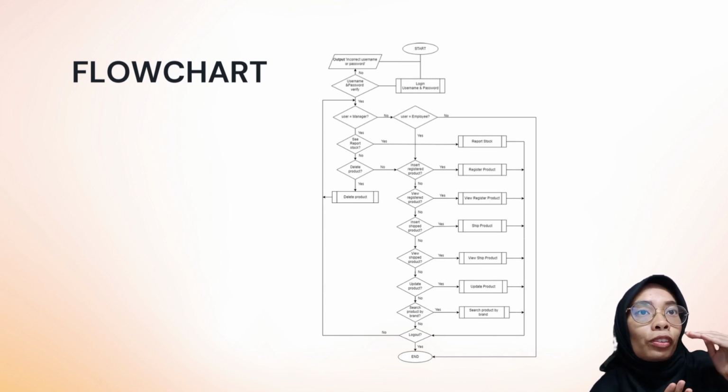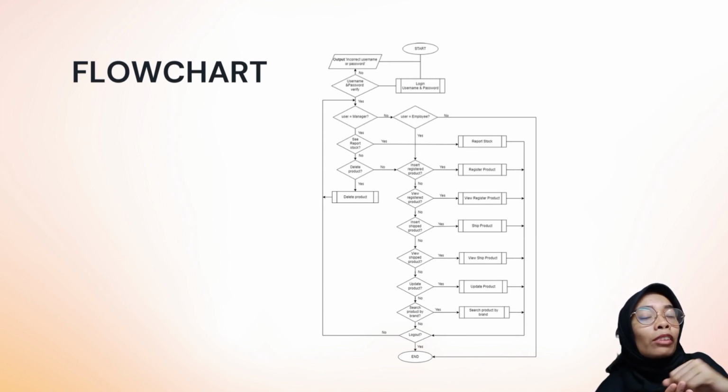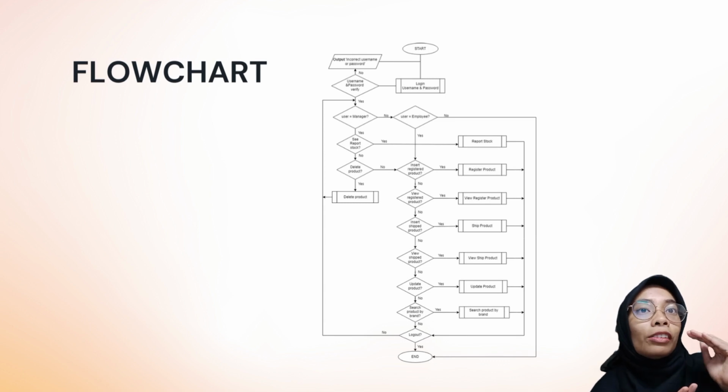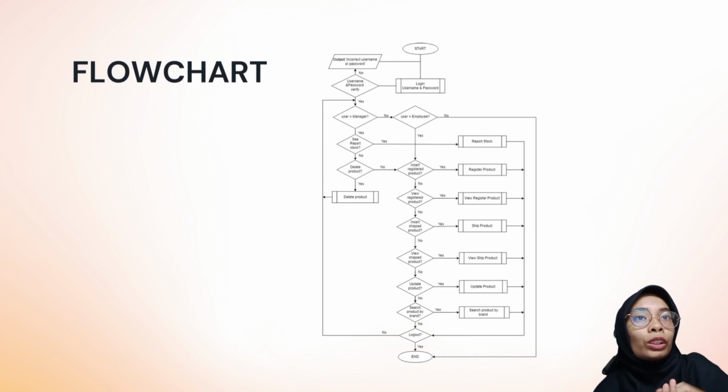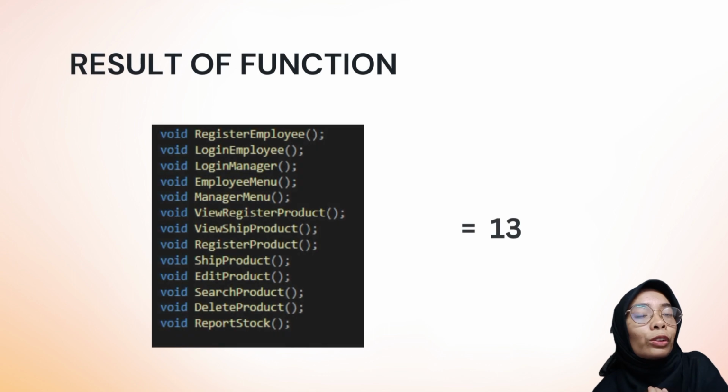If they want to proceed with register product, they can go to the next option. Based on the options, either to insert, view, insert ship product, view ship product, update product, and search product by brand, we could see there is a function, a process there that could happen.